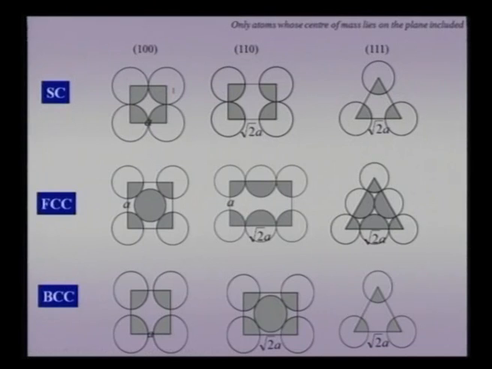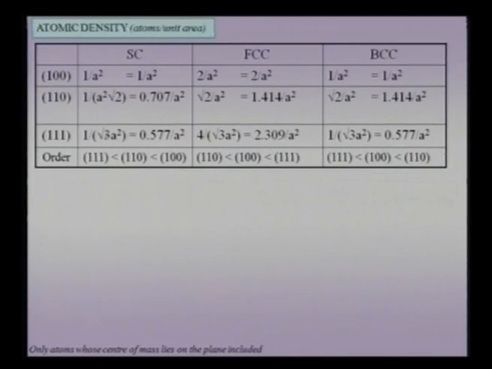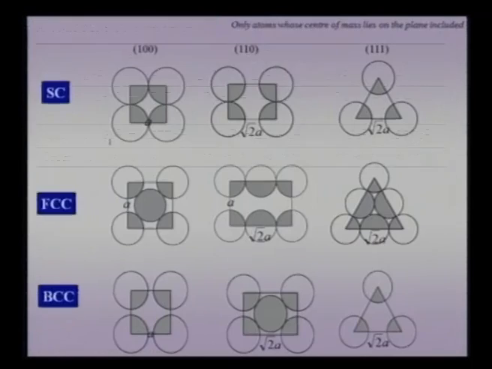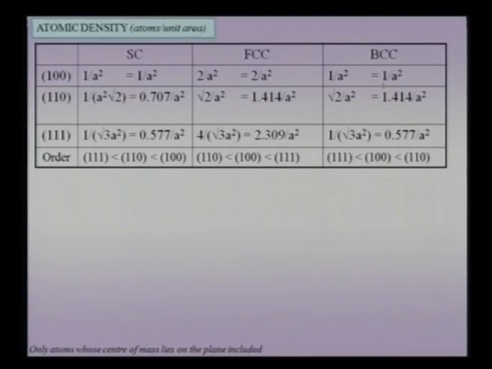Now, suppose I look at the 111 plane. Now, the atoms do not touch along these directions. So, you can see along the 111 plane the atoms are well separated, and this length is root 2a, and I calculate the area of my triangle. This is my planar density I am calculating here. Therefore, the density in this case would be 1 by root 3 a square, which is 0.577.